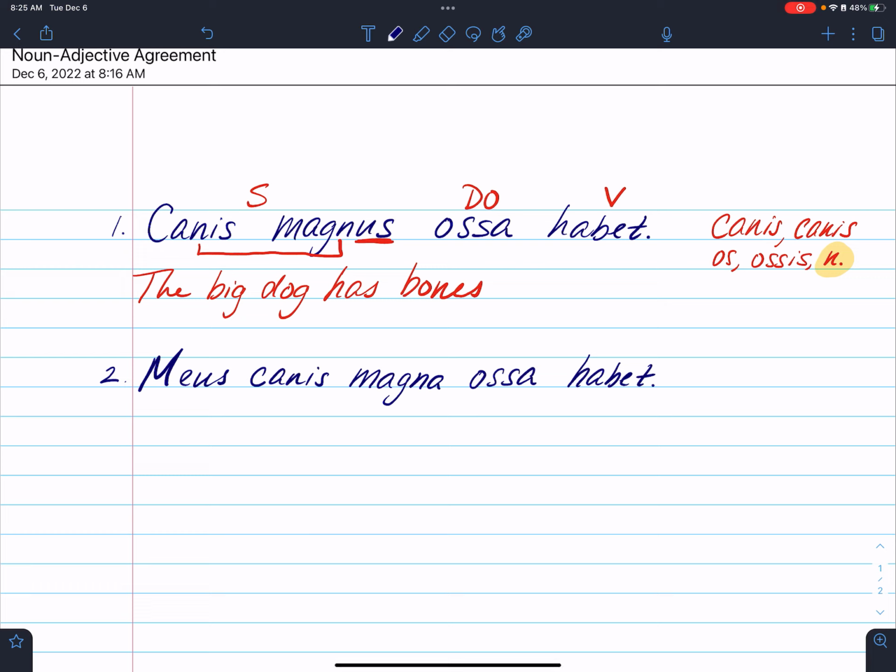Okay. Number 2 reads, meos canis magna ossa habet. Right, can you guys say that out loud, please?